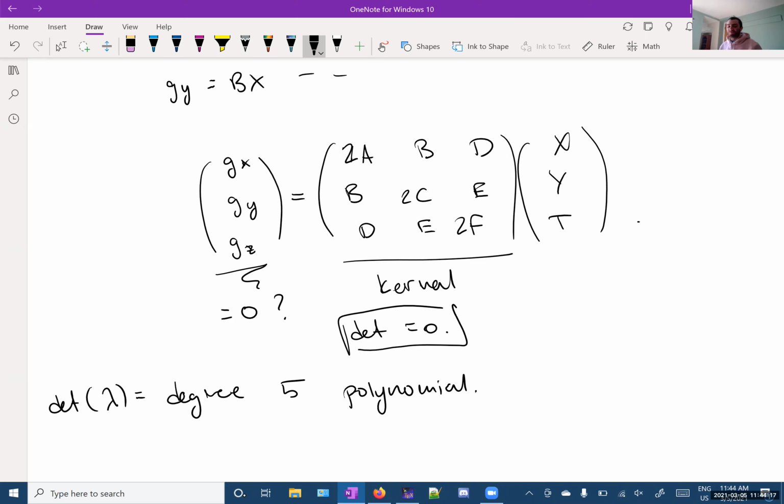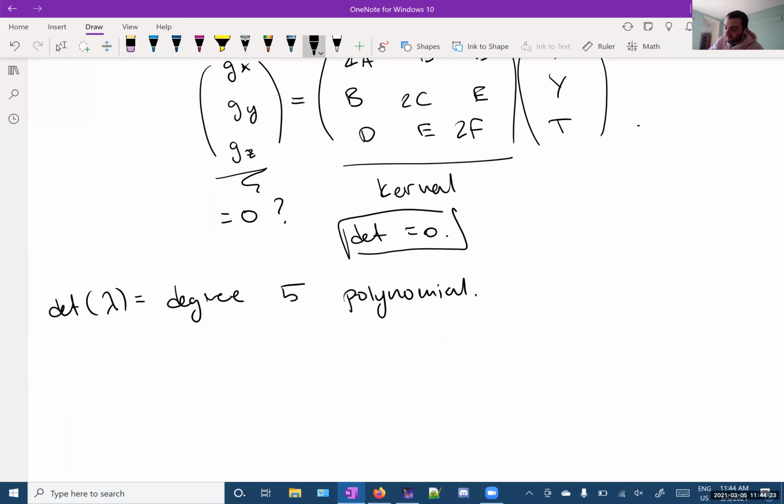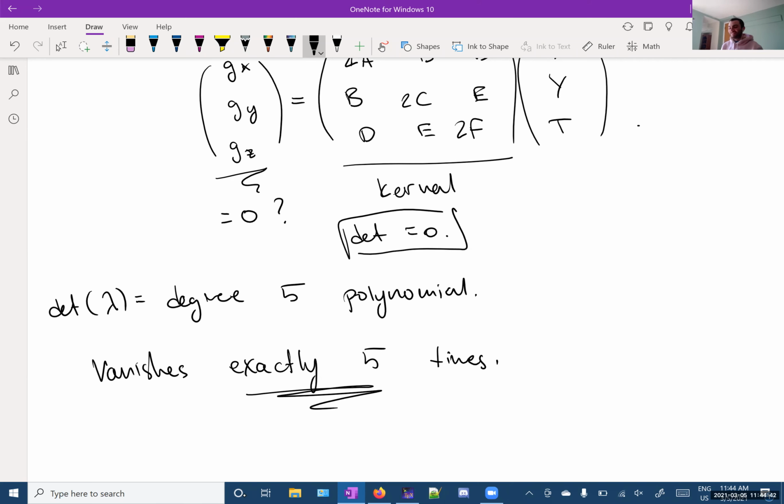We have to check that it doesn't have multiple roots and things like this, but we can do all this and we get that it vanishes exactly 5 times, after checking that it doesn't have multiple roots.